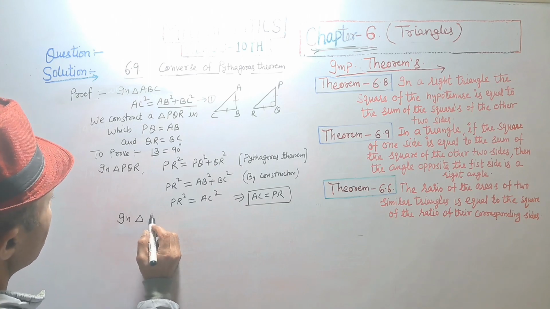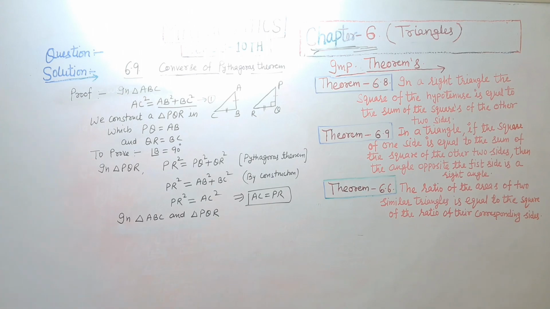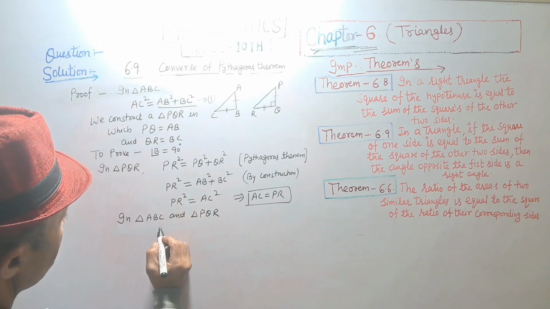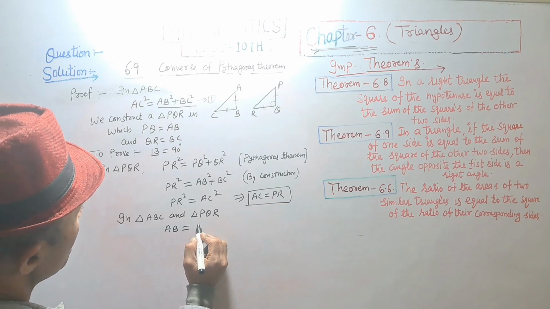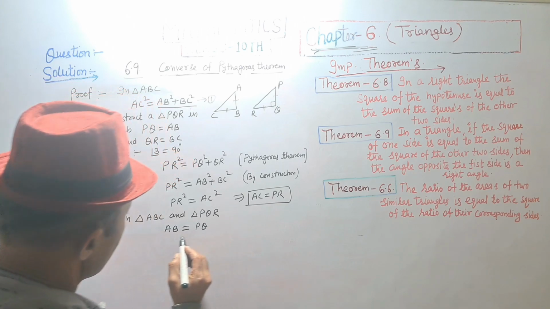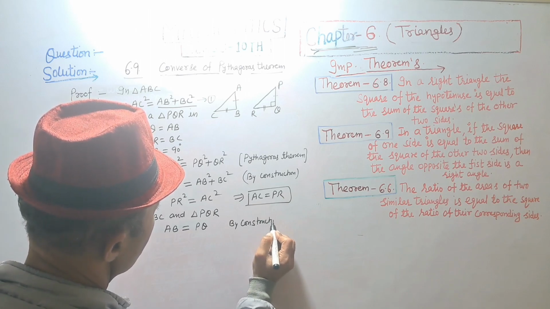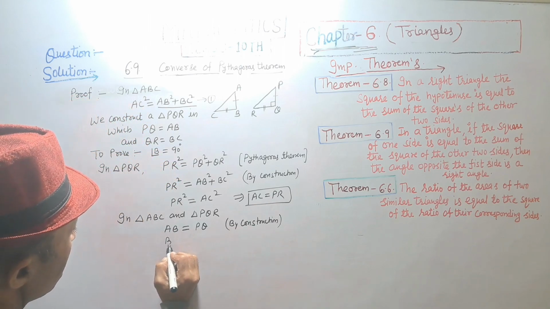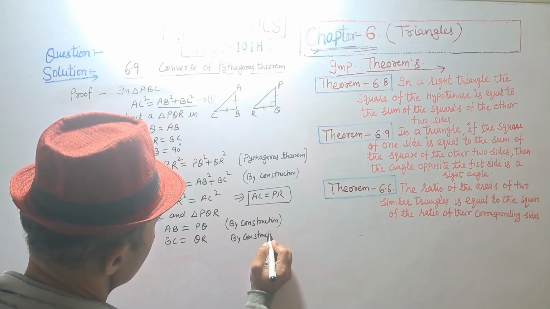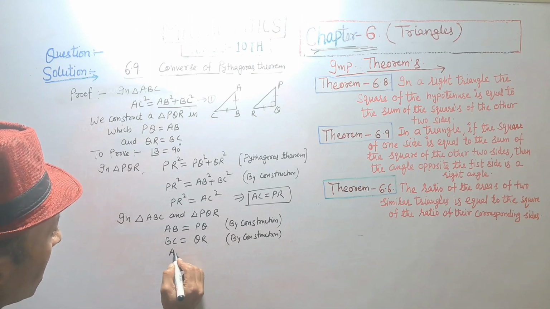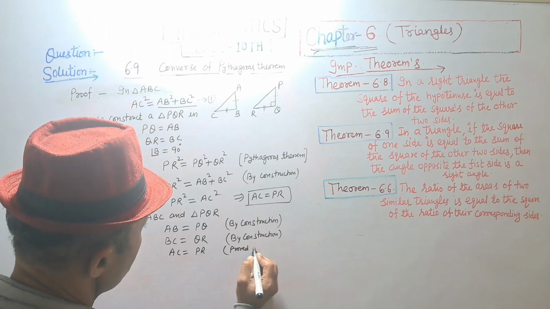In triangle ABC and triangle PQR, AB is equal to PQ by construction, and BC is equal to QR by construction, and AC is equal to PR, proved above.